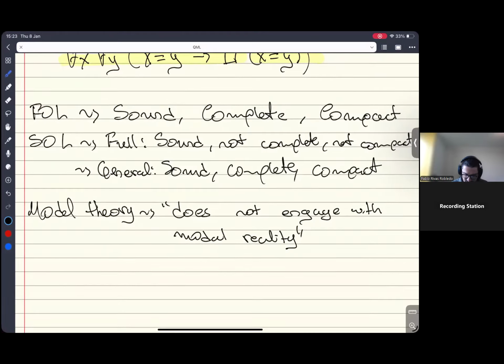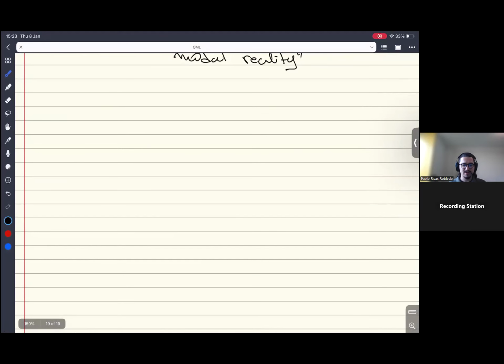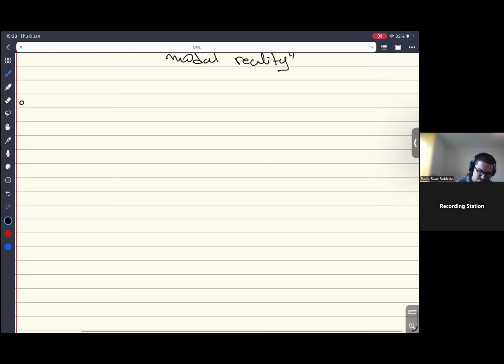For that reason, he's going to depart from traditional model theory and talk about something called the intended inhabited model structure.